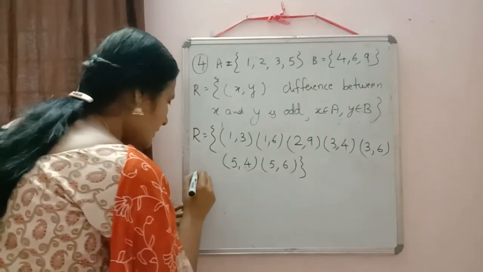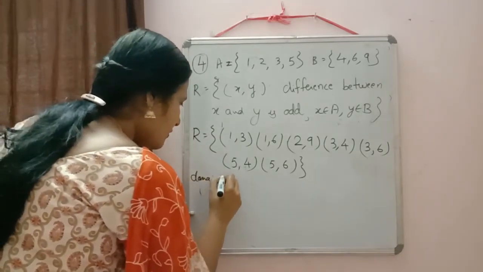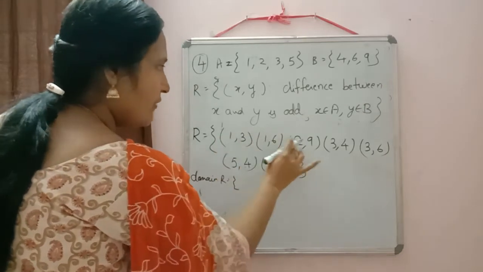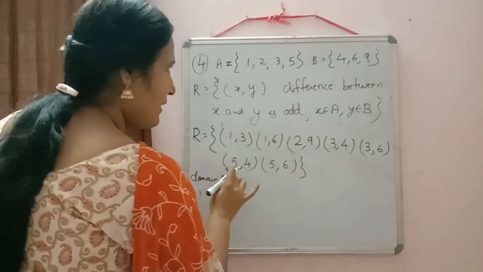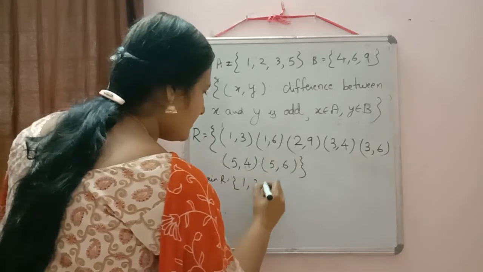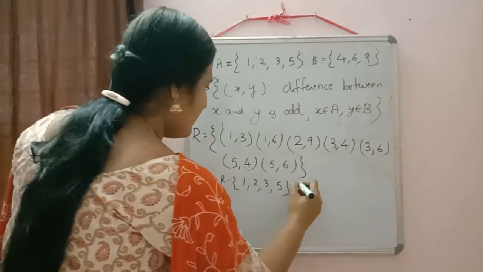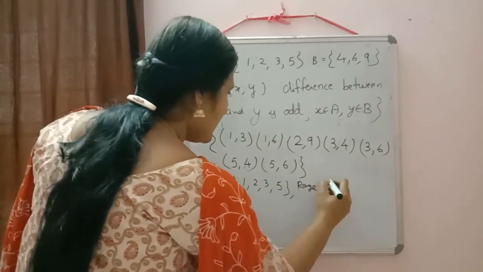Now we will write down the domain. Domain will be equal to {1, 2, 3, 5}. We have all the elements 1, 2, 3, 5. Then range is equal to the second elements.